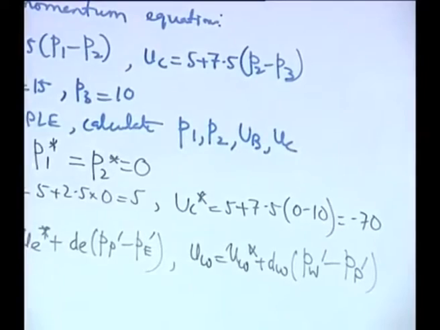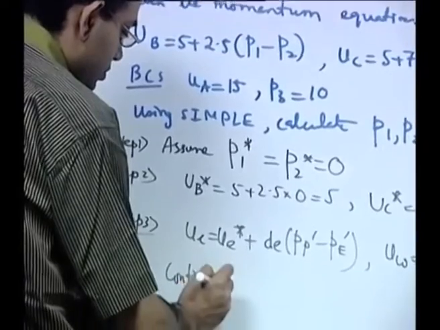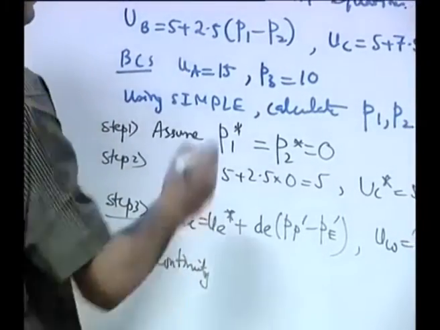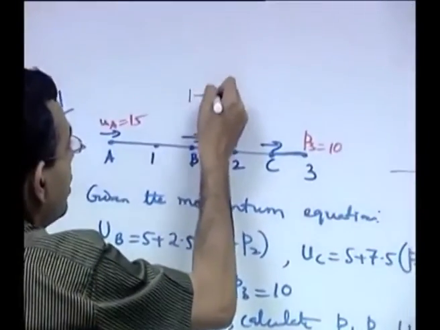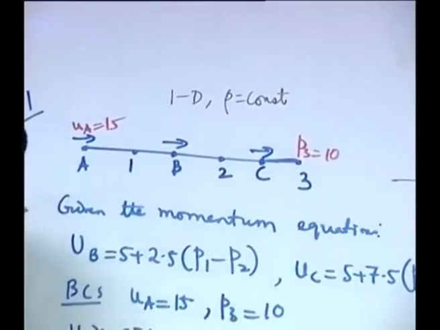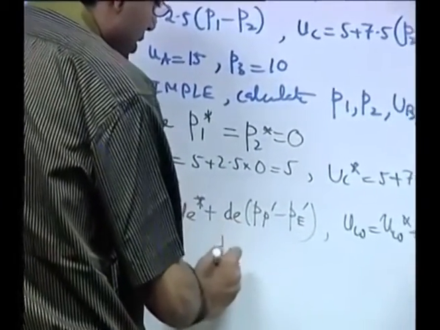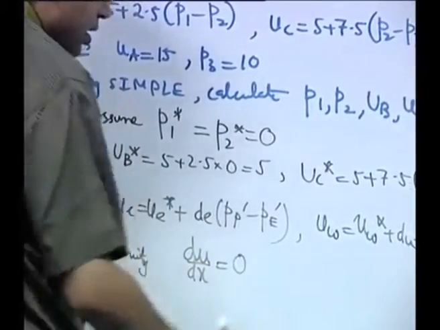The continuity equation: you assume one dimensional and rho equal to constant. So, continuity equation du/dx equal to 0.